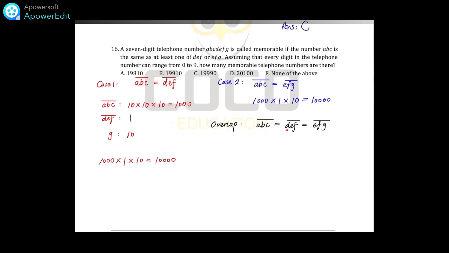Because you can see that D equals E, and then E equals F, F equals G, so these digits are all the same. So it can be 7-digit 0, 7-digit 1, 7-digit 2, all the way to 7-digit 9. Each digit can range from 0 to 9, so 10 ways.